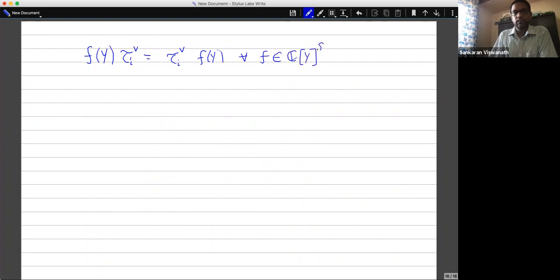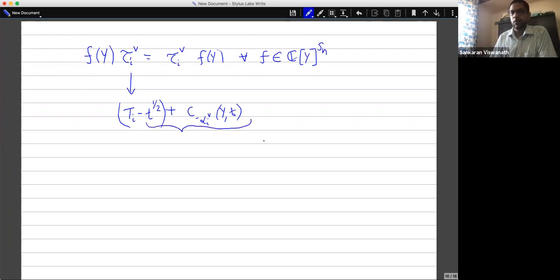And now let's change the tau back to a t. What does that imply? Tau, recall, this was our formula, it's t minus t to the half plus the c's. But these extra terms, these error terms, they already commute with the y's. They are all just some operator in the y's. They certainly commute with any operator in the y's, right?